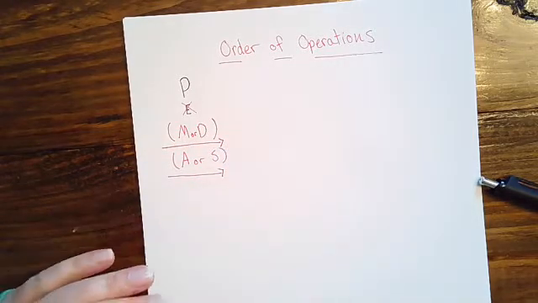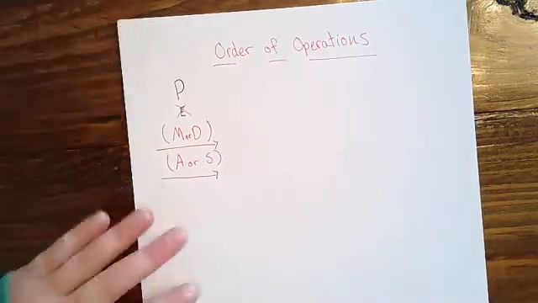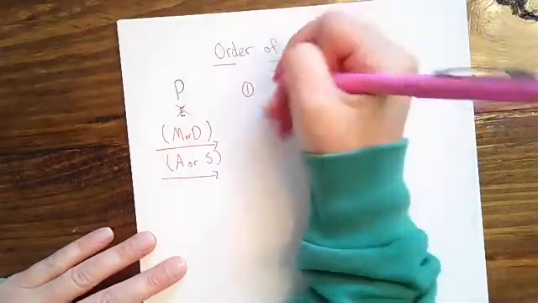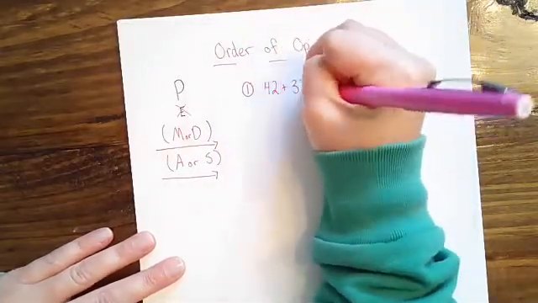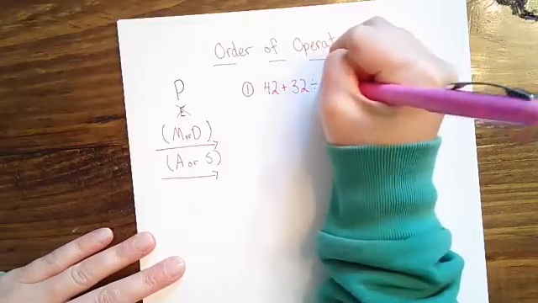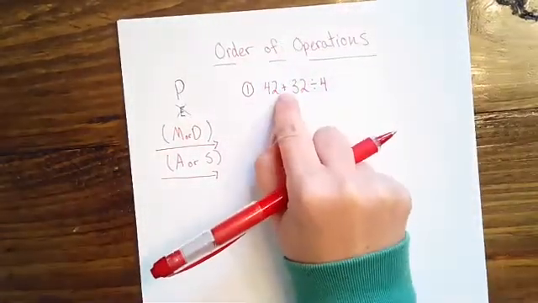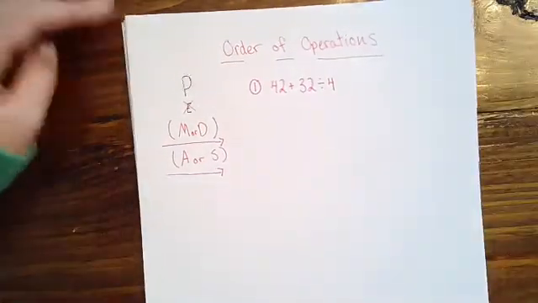Okay, so I'm going to write down some problems and we're going to do order of operations using these problems. Let's just try 4 of them. Let's start with 42 plus 32 divided by 4. Okay, so there are 2 different operations here. We've got an addition and we've got division, and we have to decide which one comes first.